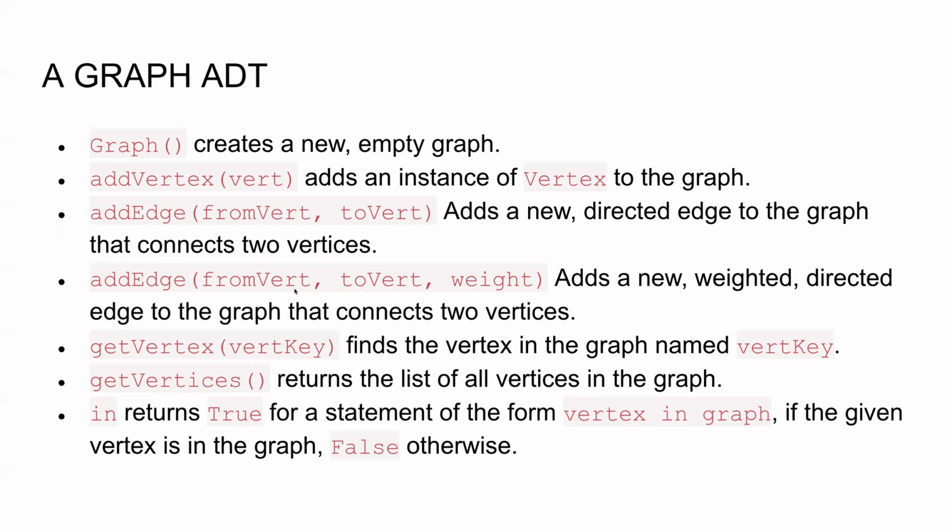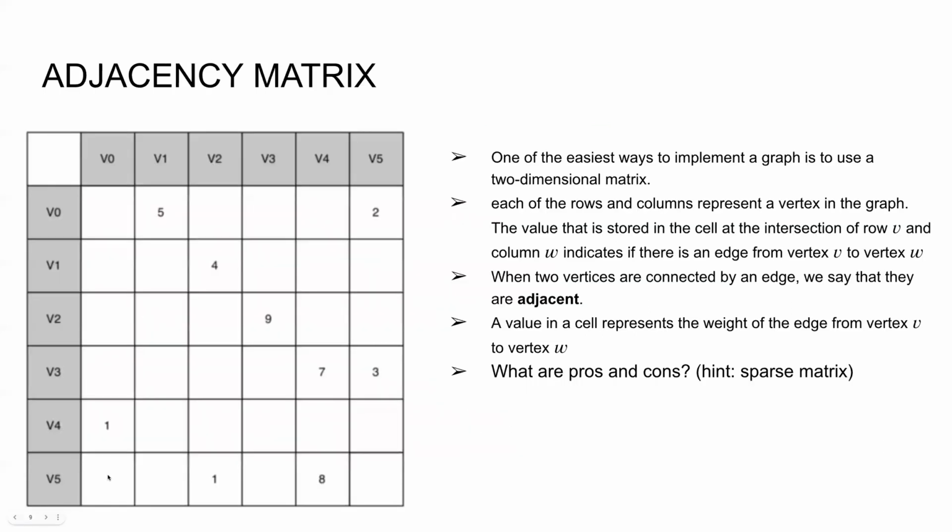So there's another example of add edge with three parameters. We can get all the vertices of the graph, right? We can get one vertex given the key. And there is an in operator to return true if the vertex is in the graph or false otherwise.